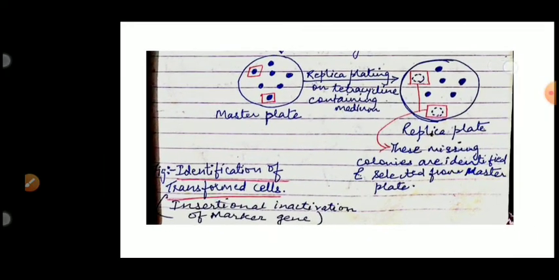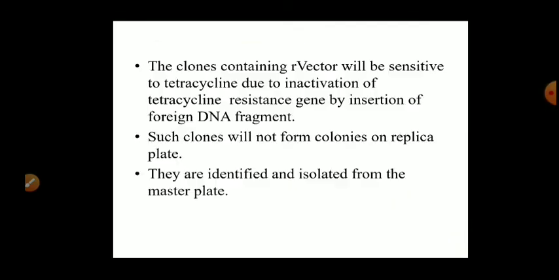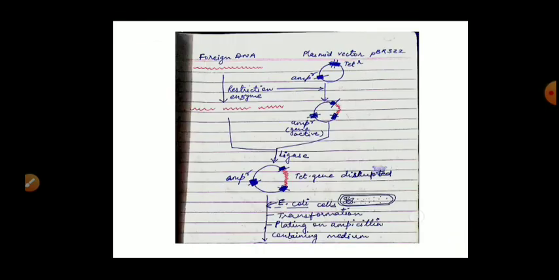Now why? In our experiment, the foreign gene was inserted inside the tetracycline resistance gene. That means tetracycline resistance was disrupted. So the plasmid having the foreign gene inserted inside it was the one having ampicillin resistance but no tetracycline resistance.